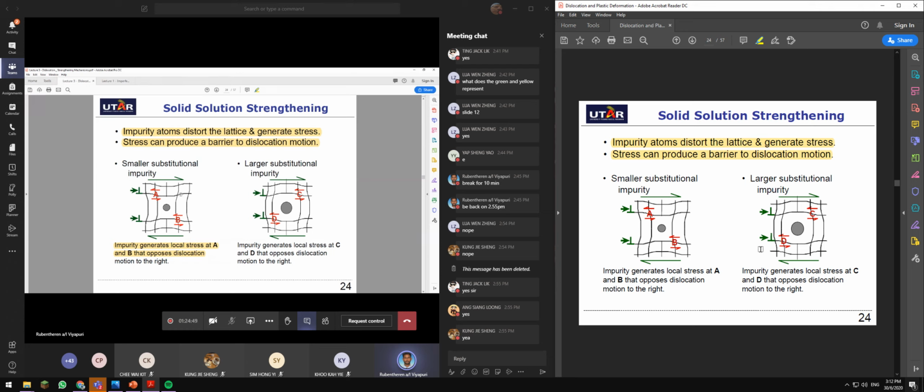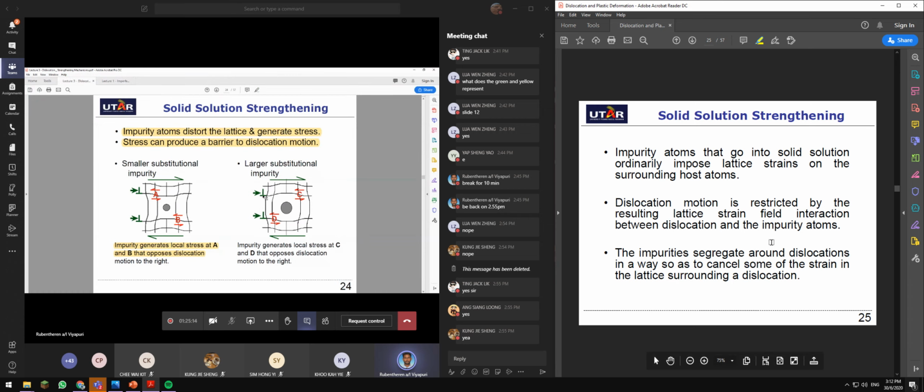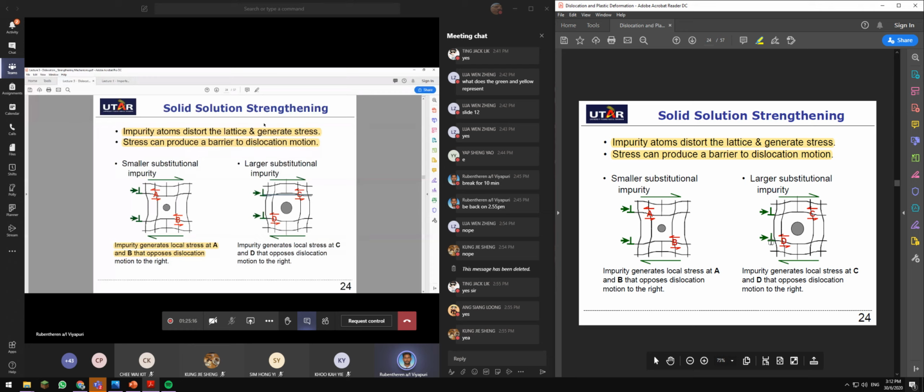If you have a larger substitutional impurity among different atoms, the crystallographic line is also changed due to the stress generated in this path. So the dislocation motion is being distorted.